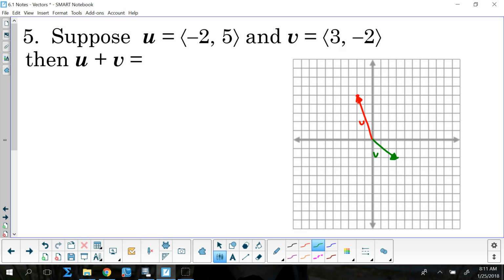Instead of putting v down there at the origin where it normally is, I could put the other v at the head of u. That would be right 3 and down 2. So this would also be v right there.